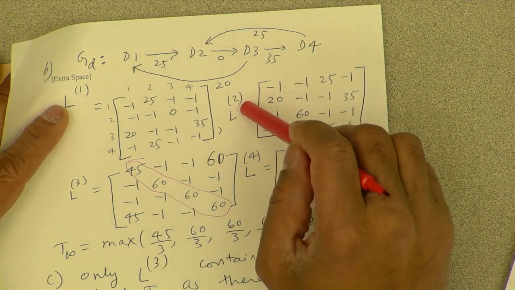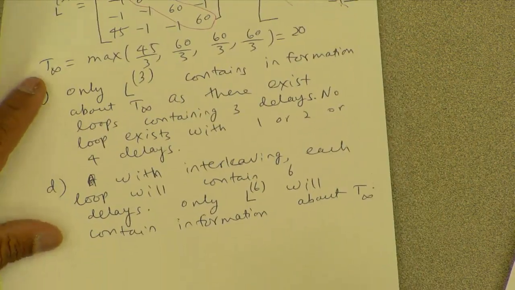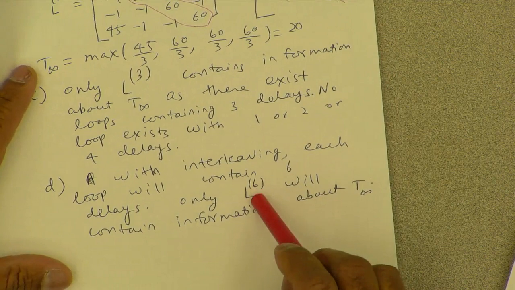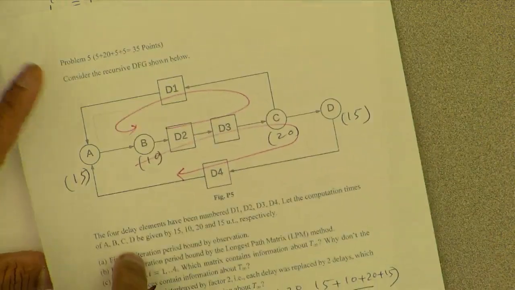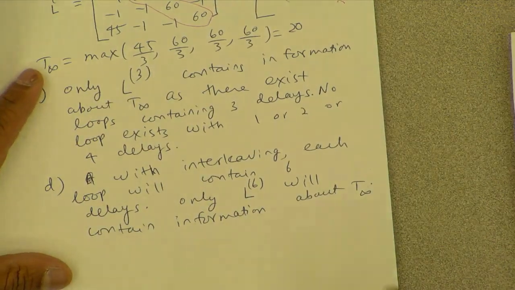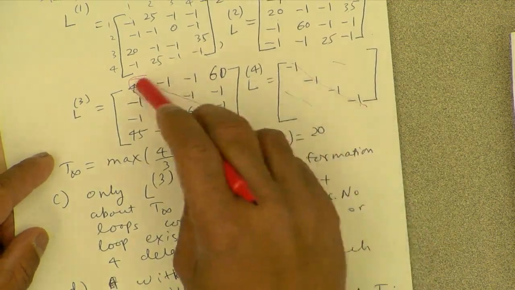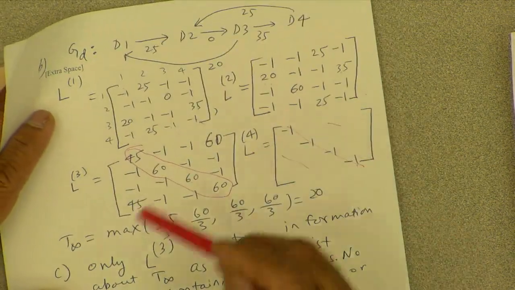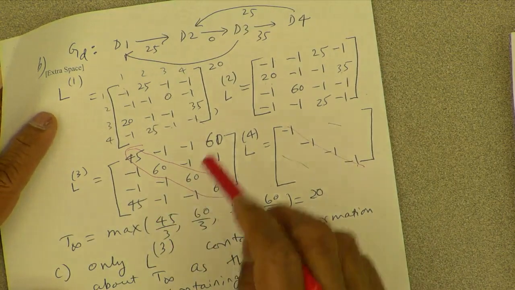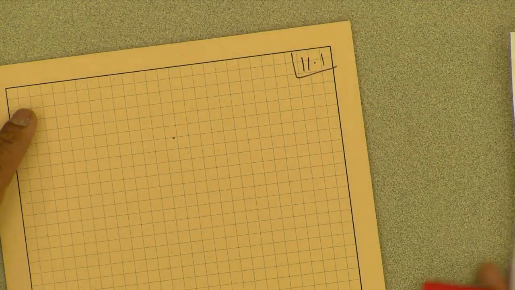But each loop has 3 delays, so the only non-zero entries are here. And if we interleave, then there would be 2 delays per delay, so now the new one would have 6 delays in every loop. If you compute L1 through L8, then L6 would contain the equivalent elements here. L1 through L8 except L6 would contain -1 in the diagonal elements.